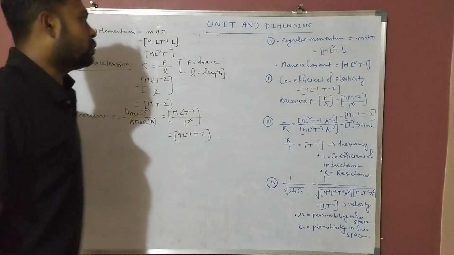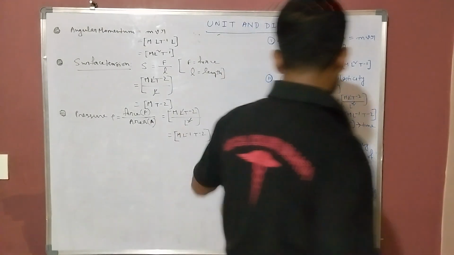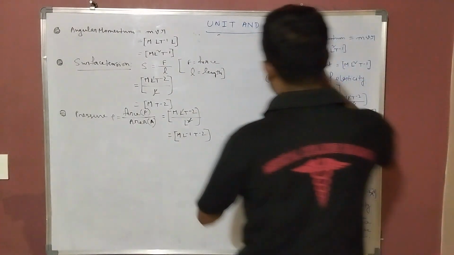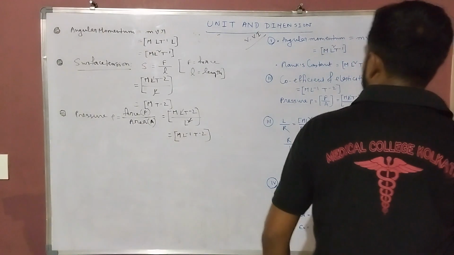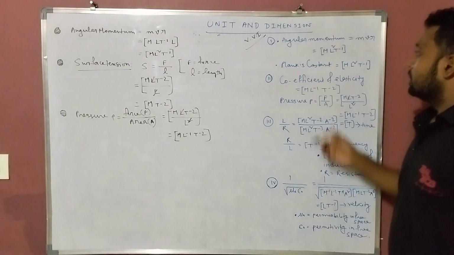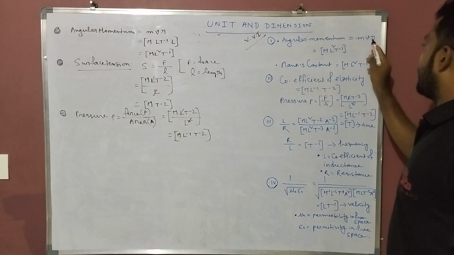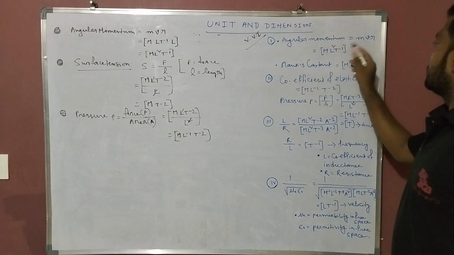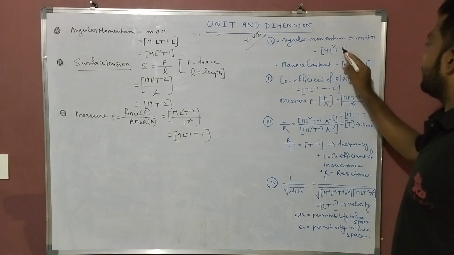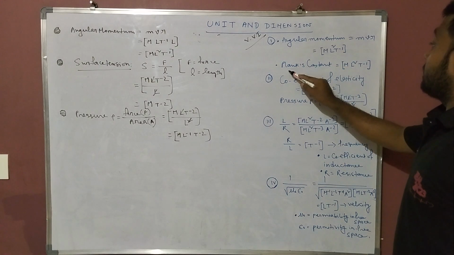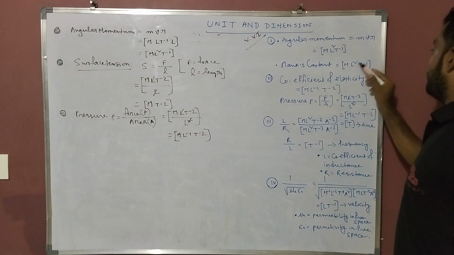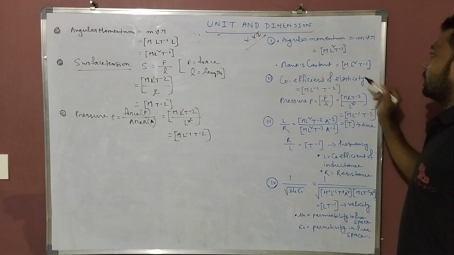Now you have to memorize these 4 points. This is very, very important. Angular momentum is m v r, and its dimension is m L square t to the power minus 1, and the dimension of Planck constant is also m L square t to the power minus 1.